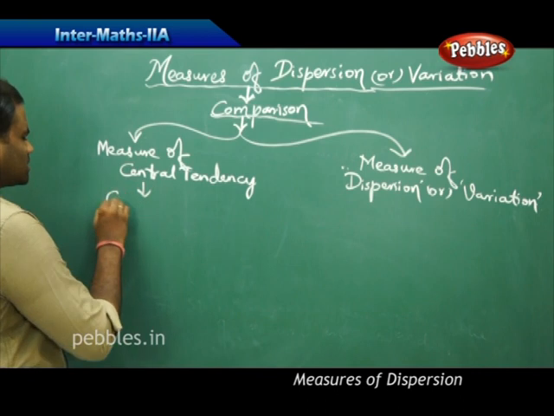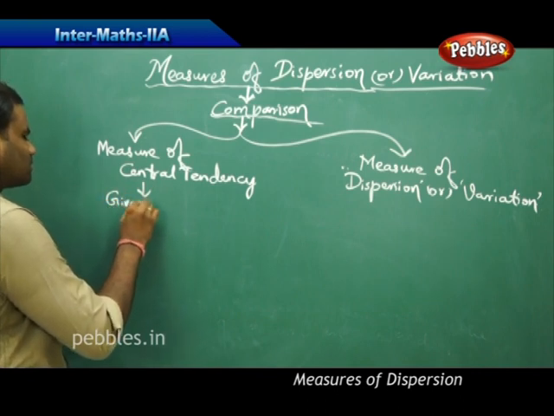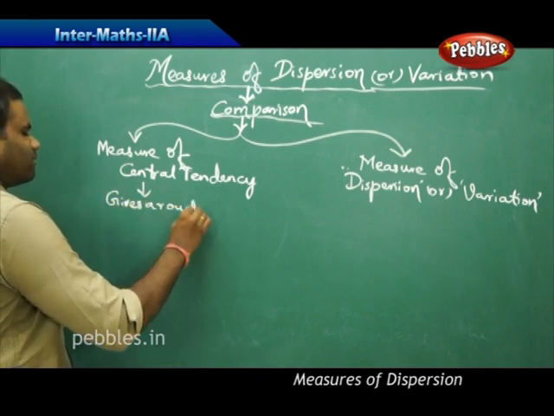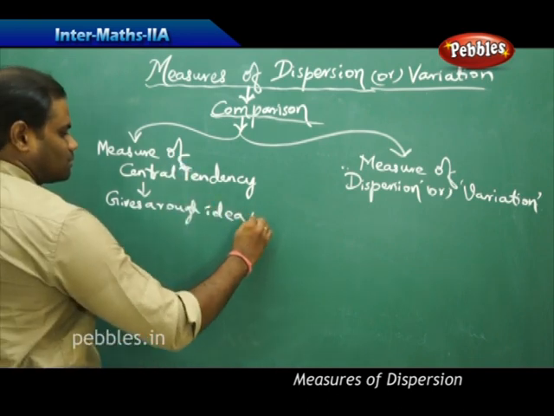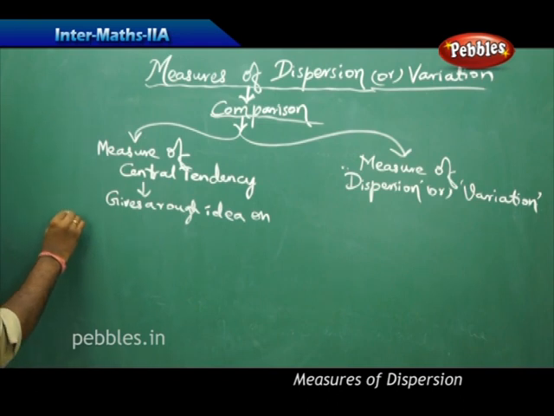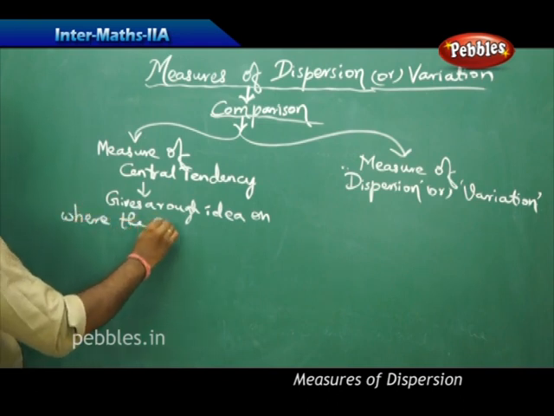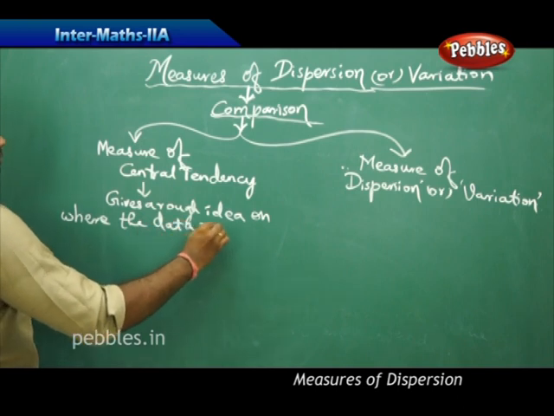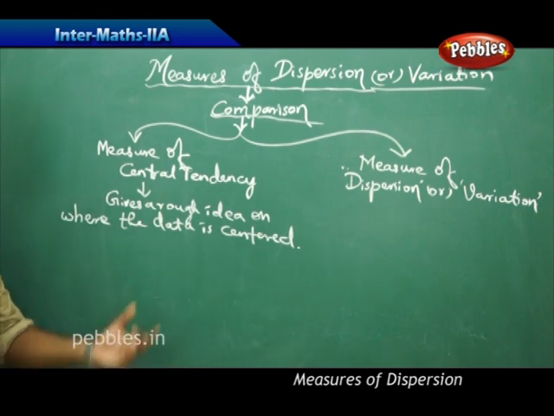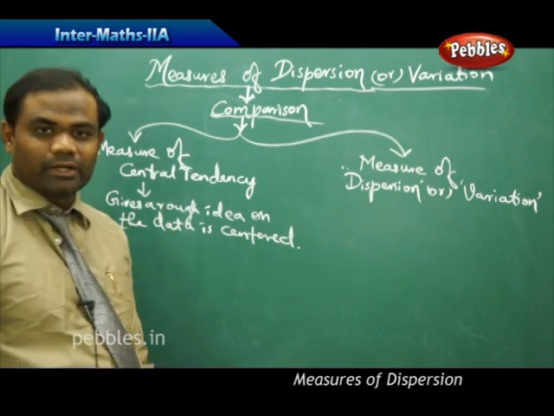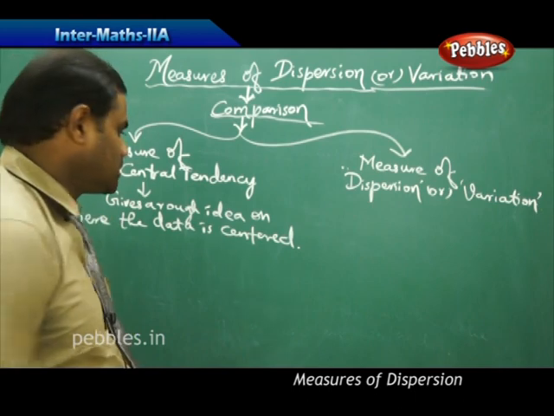Now this gives us a rough idea where the data is centered. That is, it gives a rough idea on which region the data is centered.